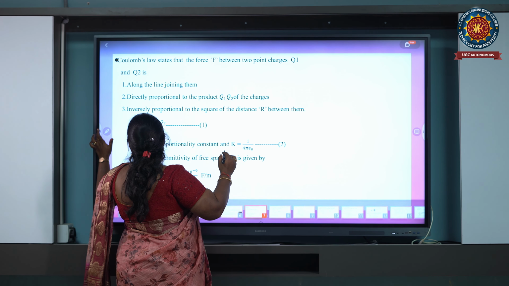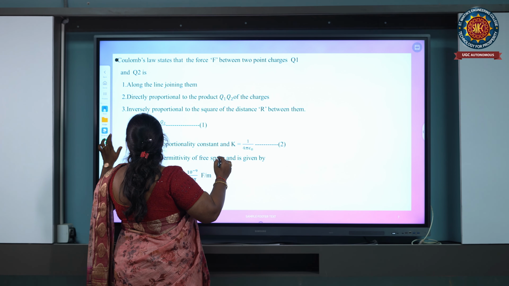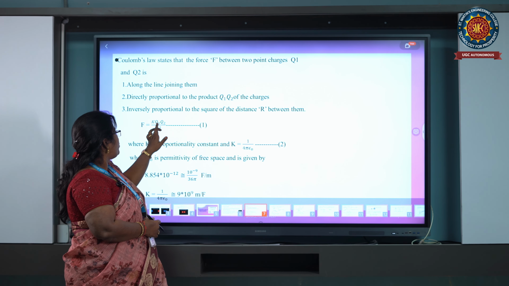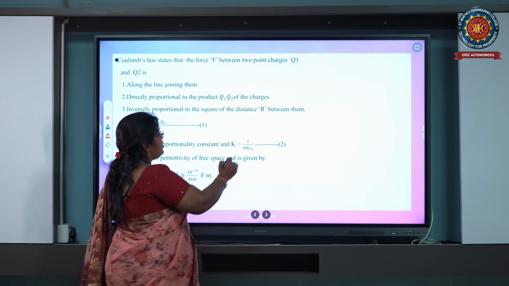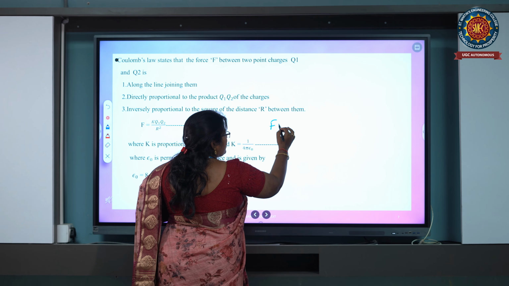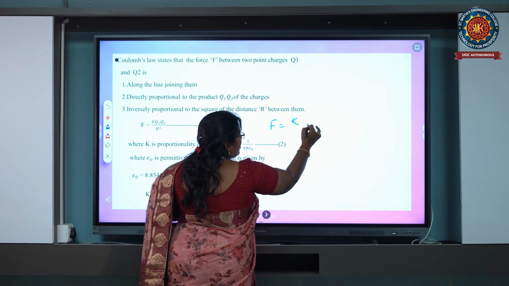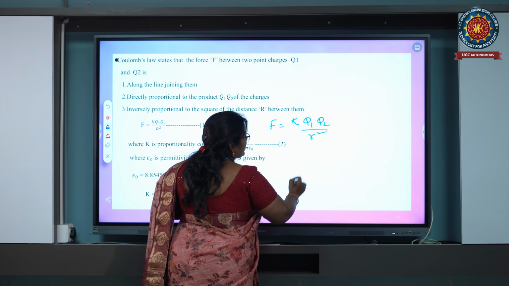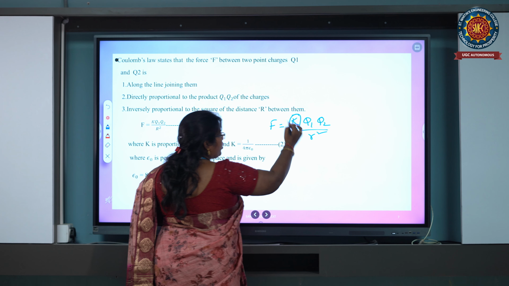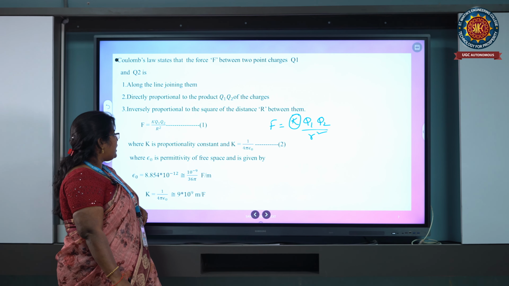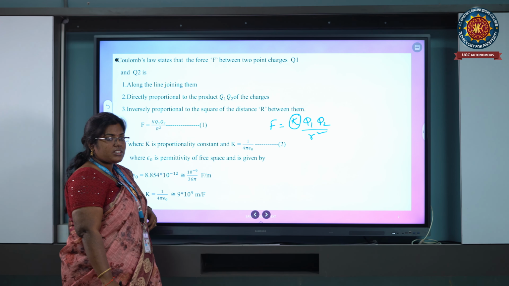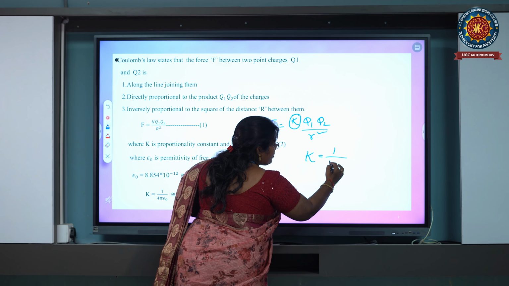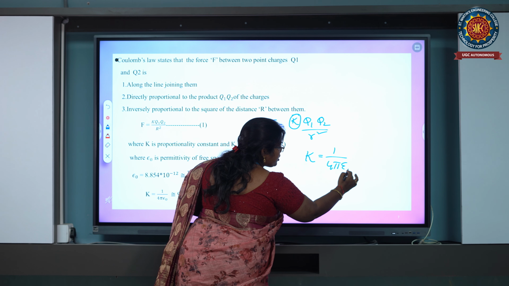For the point charges, the repulsion force is F equal to K Q1 Q2 by R square. Here K is a constant of proportionality, where K equals 1 by 4 pi epsilon naught.